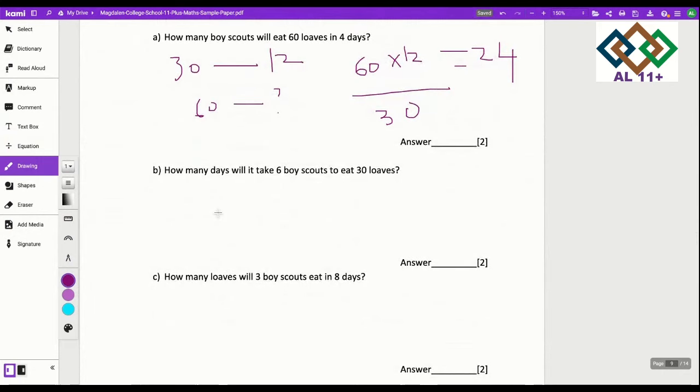The next one is how many days will it take 6 boys to eat 60? So you have to do 12 multiplied by 4, that equals 6x, sorry, 6 multiplied by x.